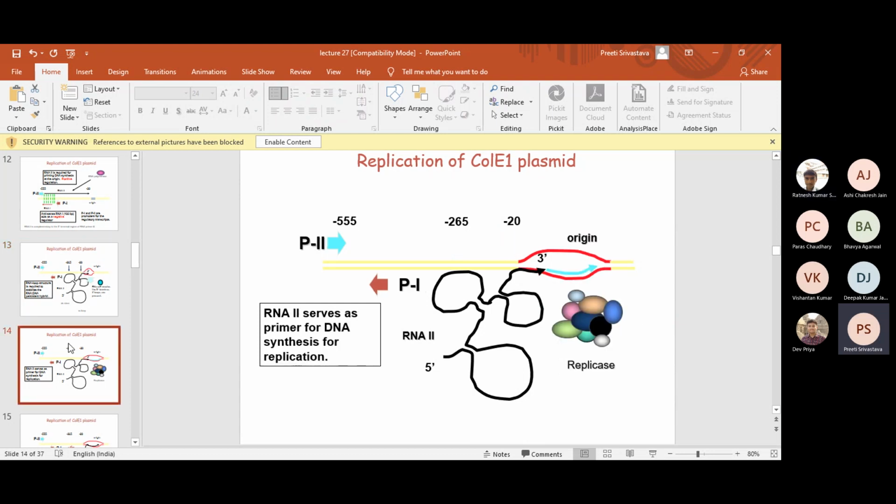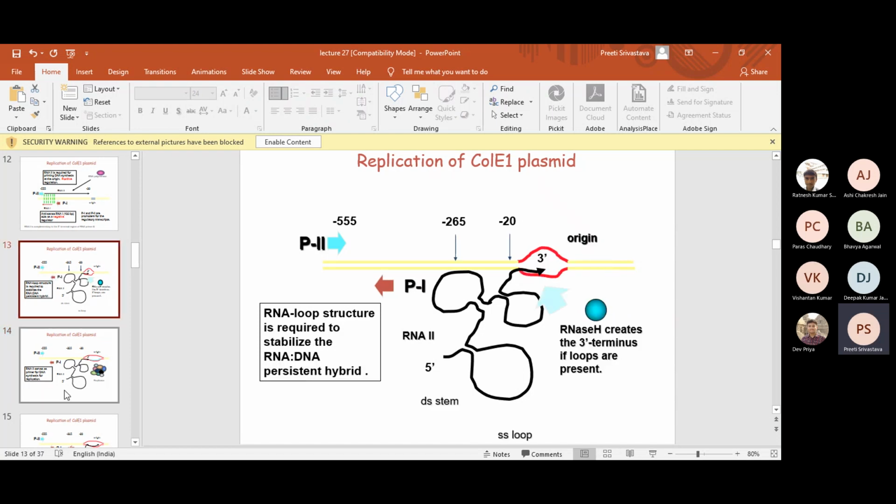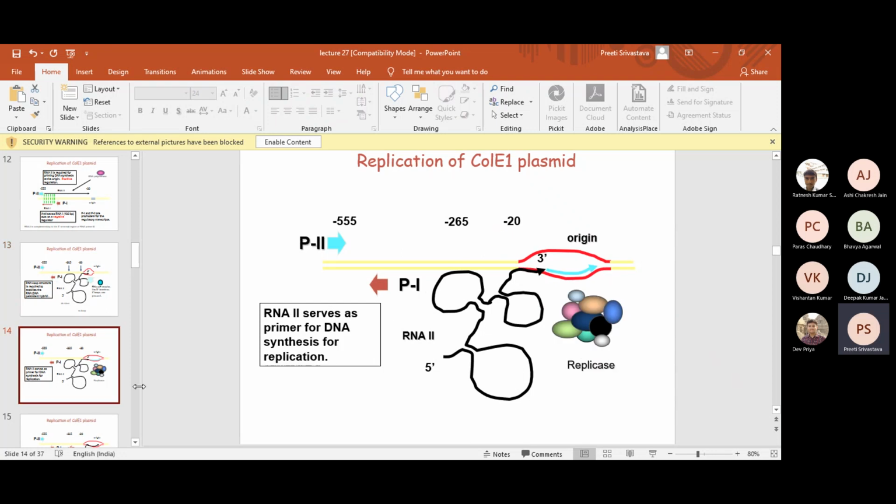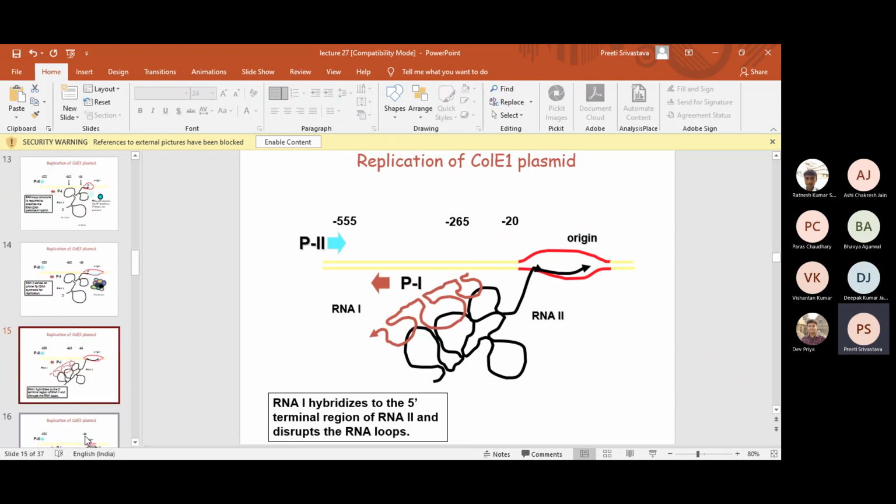So here it shows that RNA2 serves as a primer, and this is the slide I wanted to show you. The RNA1, which is 108 nucleotides in length, can hybridize to the 5' terminal region of RNA2, and it disrupts the RNA loops.